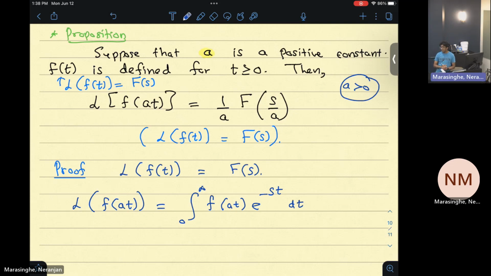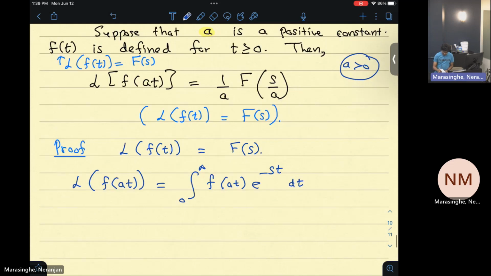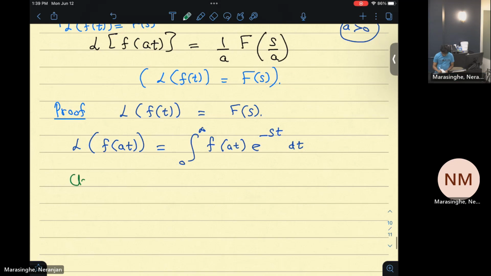Right. Any questions so far? Next, I would use a substitution. Instead of at, I am going to insert u. Use the substitution u equals at. So what would happen to your limits of integral? When t equals 0, u is 0, and when t goes to infinity, u is also infinity, right?